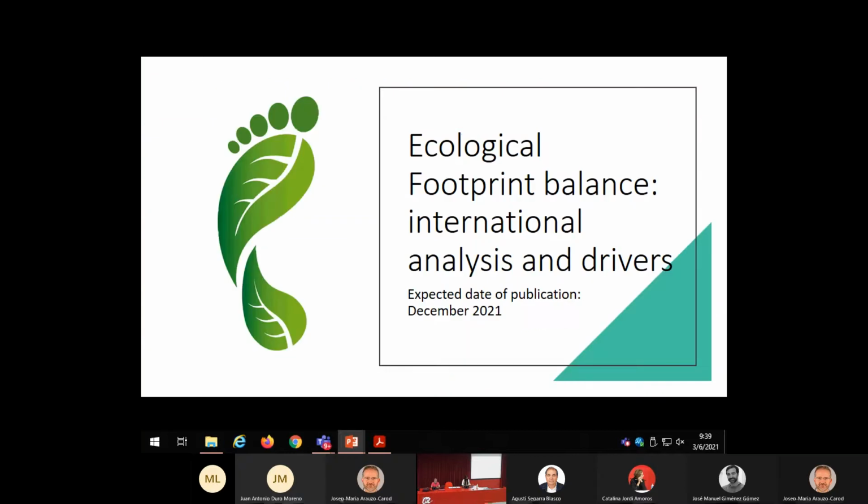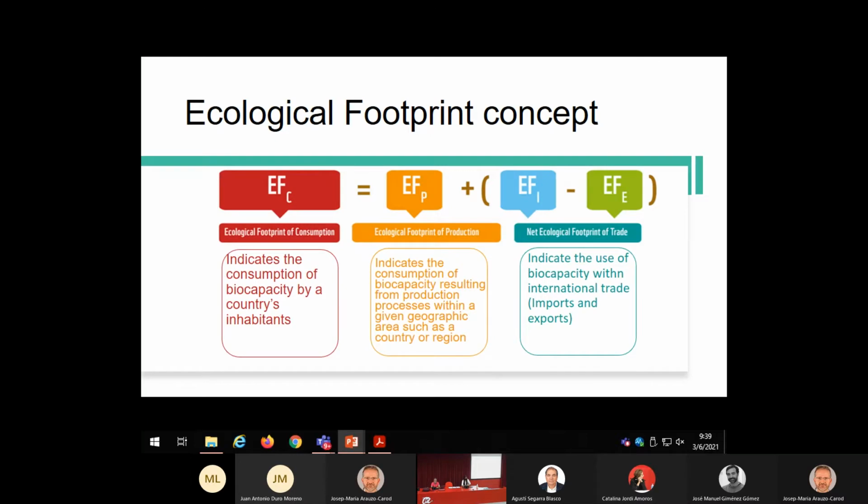So let me talk a little bit about this first paper, which we call Ecological Footprint Balance, International Analysis and Drivers. The expected publication date is December 2021, by the end of the year. And let me start with the concept. The ecological footprint concept.